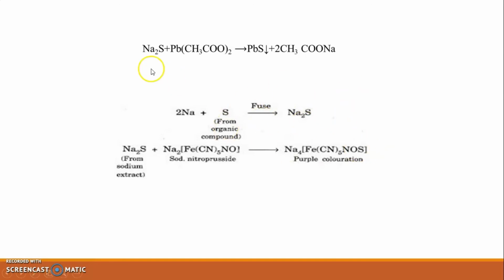In the second test, sodium sulfide reacts with sodium nitroprusside. This specially prepared sodium nitroprusside gives a purple color. This is the reaction involved in the detection of sulfur. These are some questions for synopsis.